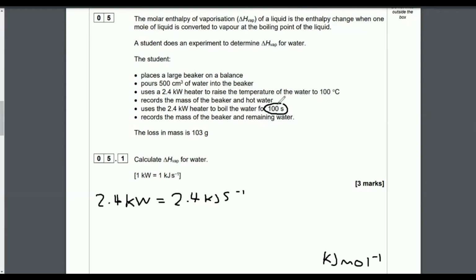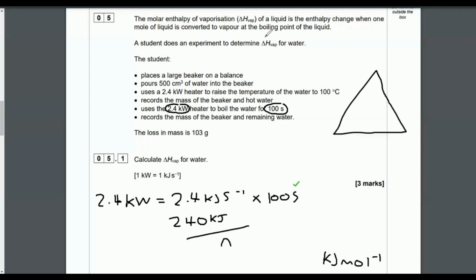So we times 2.4 by 100 seconds, and that's going to give us 240 kilojoules. The fact that you've got divided by seconds and we're timesing by seconds means we can get rid of the seconds. So we're left with 240 kilojoules. Now all I need to do is divide this by n, the number of moles, and I'll have my answer. So let's give ourselves a nice little mark for that.